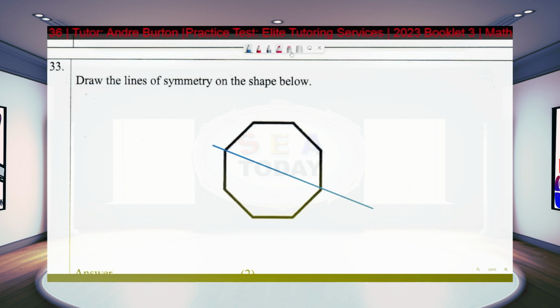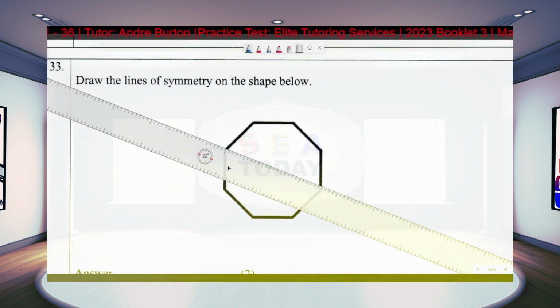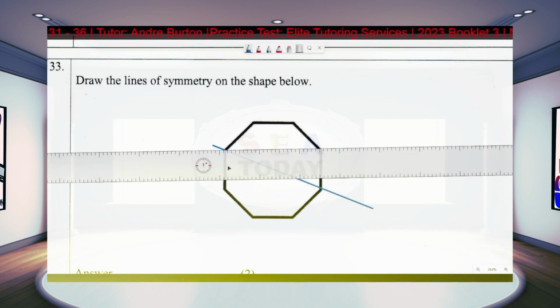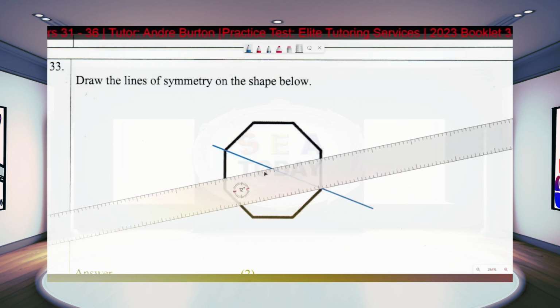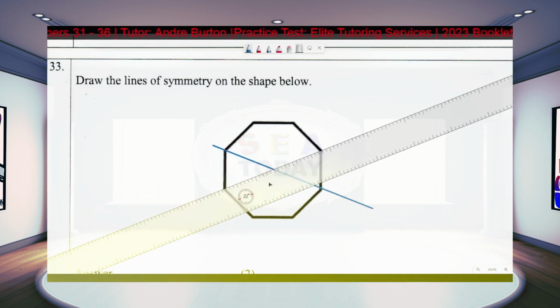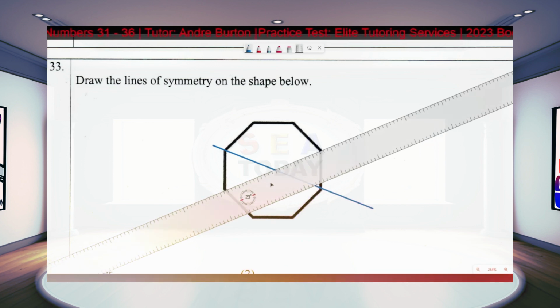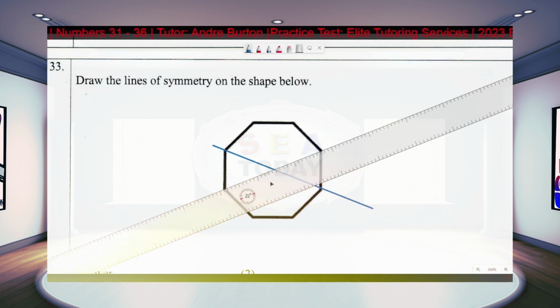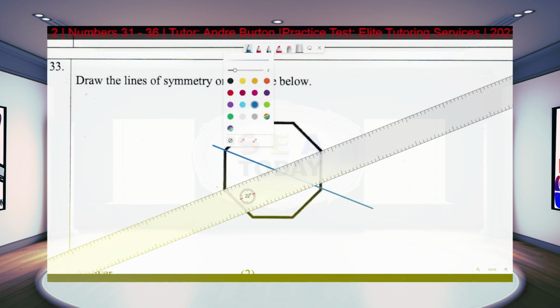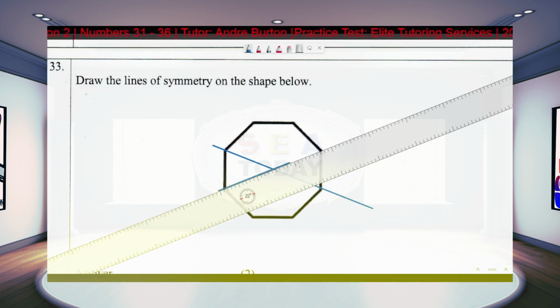So we're just gonna do that for vertex to vertex. Let's get our ruler lined up. So this will be the second line. So that's 2.